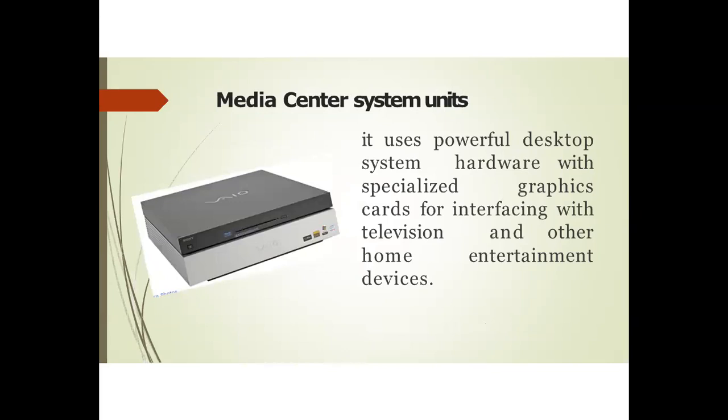It uses powerful desktop system hardware with specialized graphics card for interfacing with television and other home entertainment devices. So ito yung ikinoconnect natin sa TV. And then the output, i-display niya sa TV for entertainment purposes.